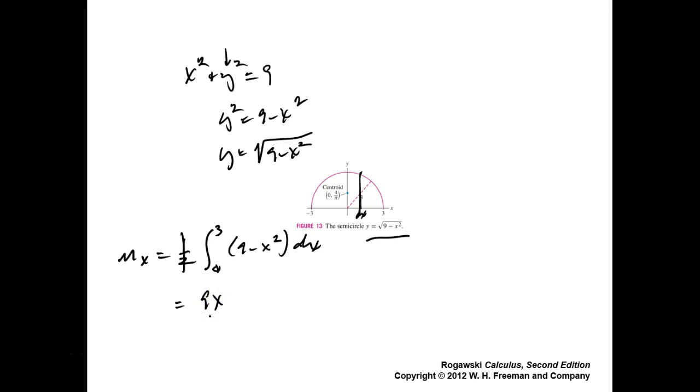Differentiating, that's why I said antiderivative. Next, minus x cubed over 3, evaluated from 0 to 3. What would that be? 27 minus 9 equals 18.